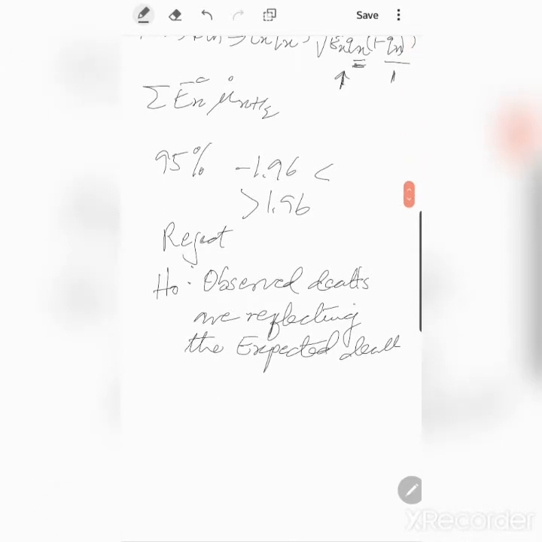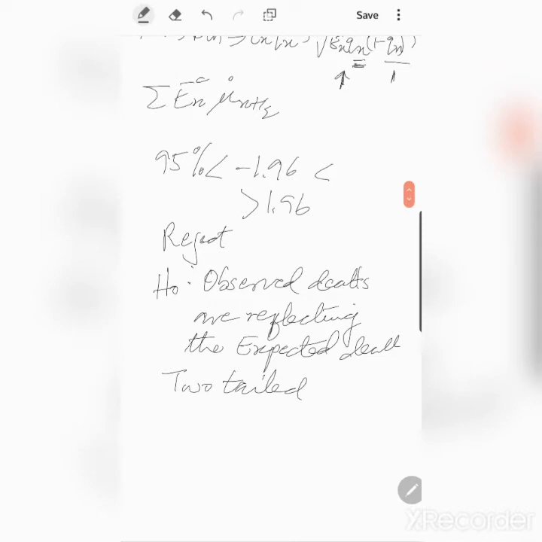Because I'm looking at both sides, we consider this a two-tailed test. If the z value is much less than minus 1.96, then observed deaths are much lesser than expected deaths.